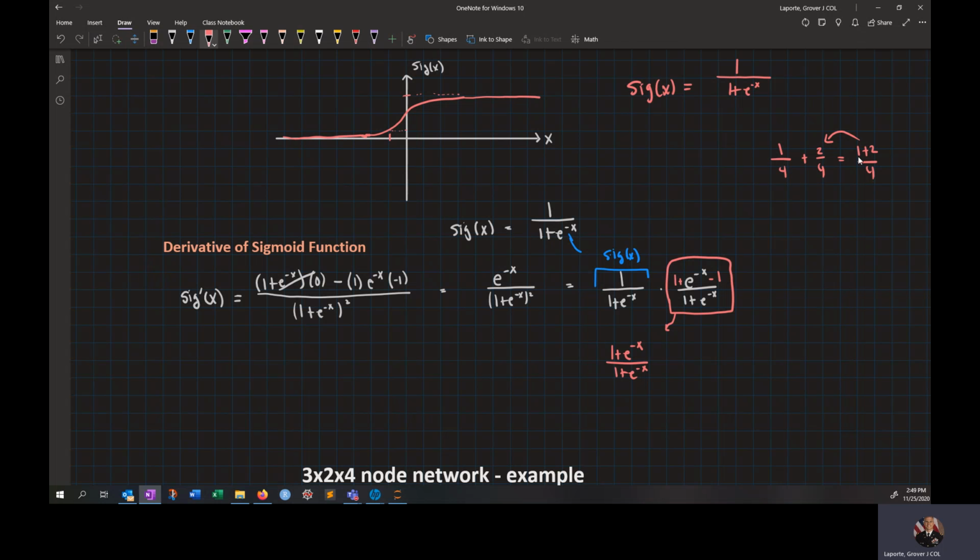So I'm taking the denominator and putting it under each piece. Then, minus 1 over 1 plus e to the negative x. We notice that the first part is just the number 1, and this again is sig of x.